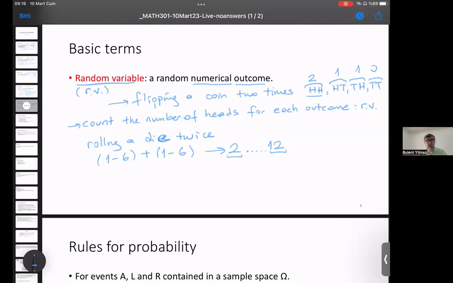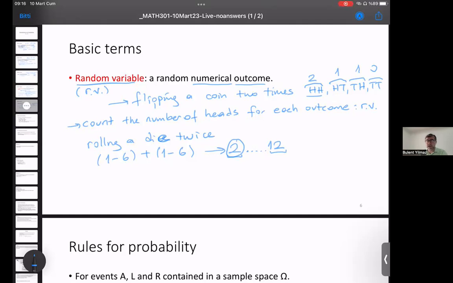For example, what is the probability of obtaining 2 as an outcome? These are the things that we will be talking about in next week's sessions, random variables.